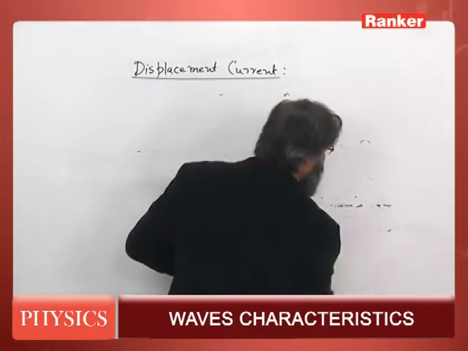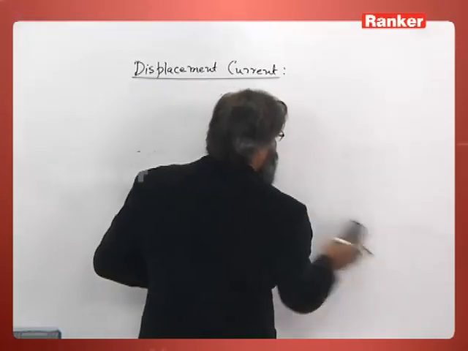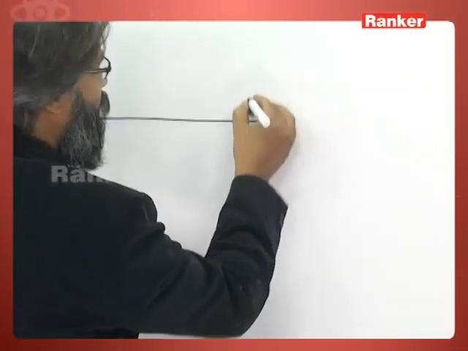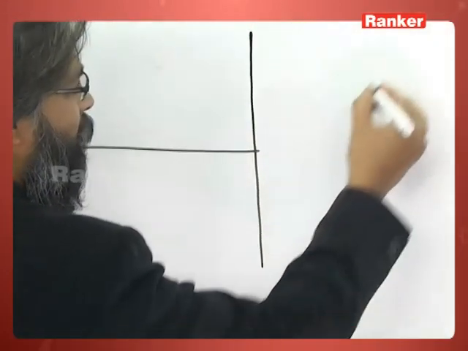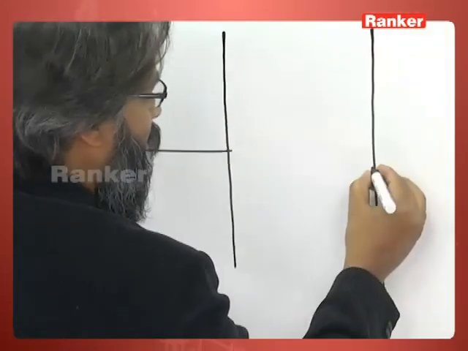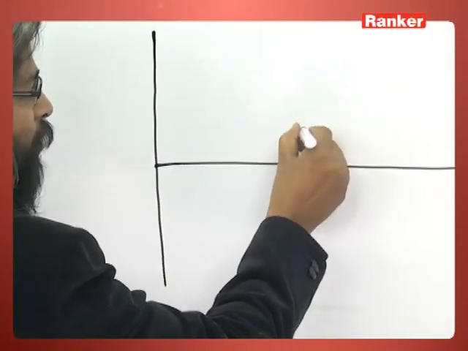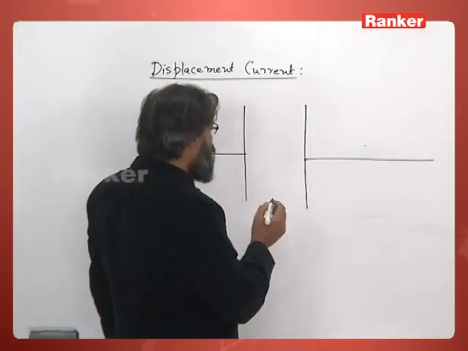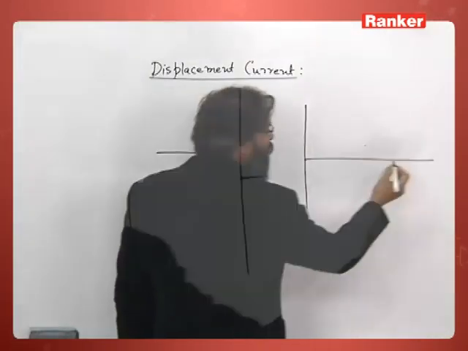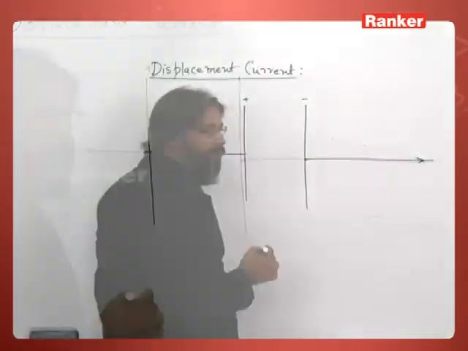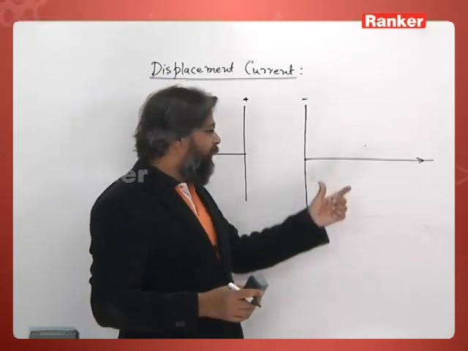So we will have another diagram where we will concentrate on the loop. Suppose this is my capacitor plates and this is my wire, and I want to know what is the magnetic field here. The current flowing is here, the capacitor is being charged, this is positive plate and this is negative plate.